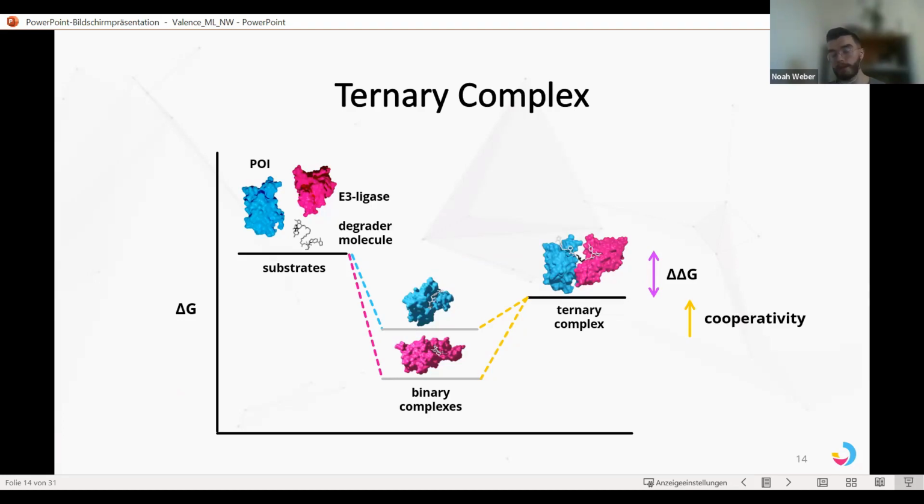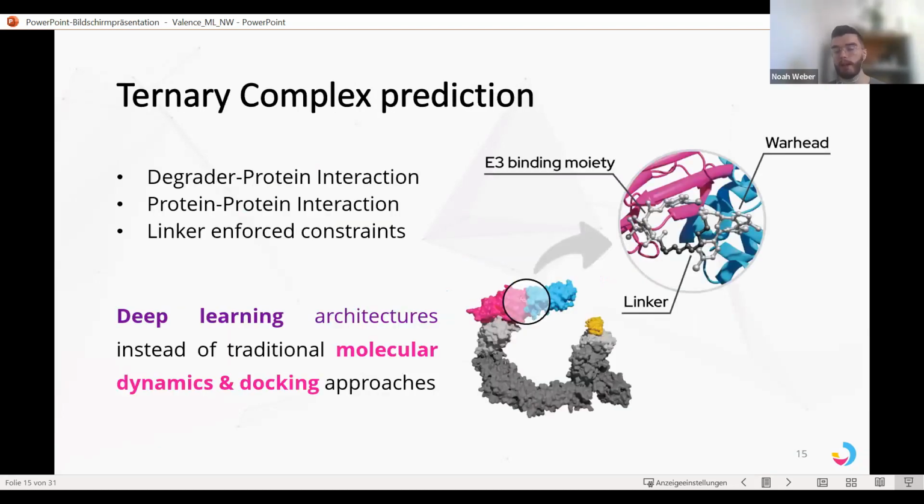We need to make sure that this cascade of water falling down the delta G waterfall is actually happening, and we don't get any spikes. So that's from a high level conceptual view what we are trying to achieve here and what we are trying to minimize. Again, I think it's super clear in nature, everything moves towards a low stable energy level, and with ternary complexes, it's nothing different, and that's exactly what we want to achieve here.